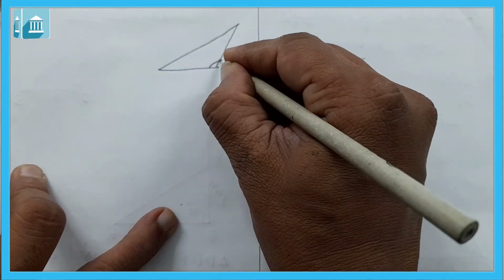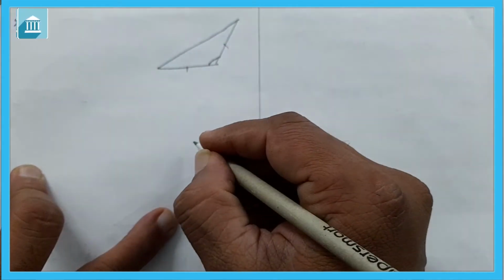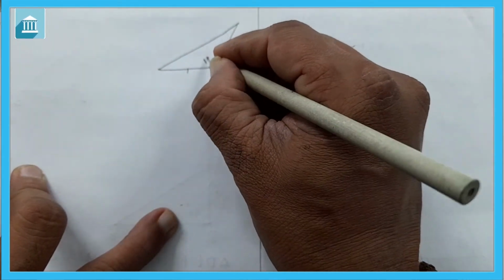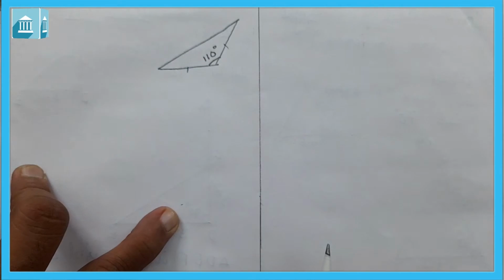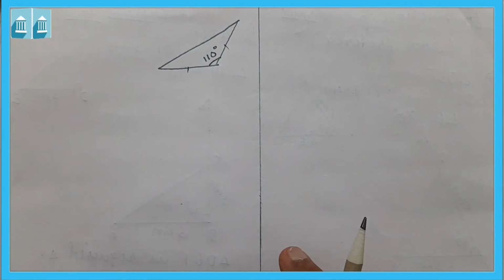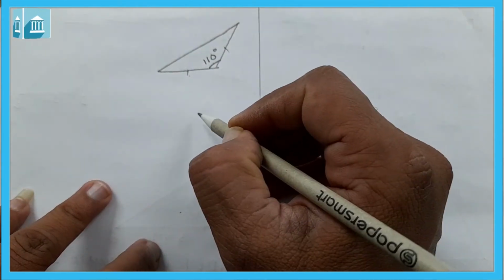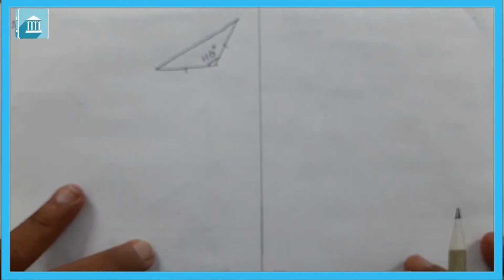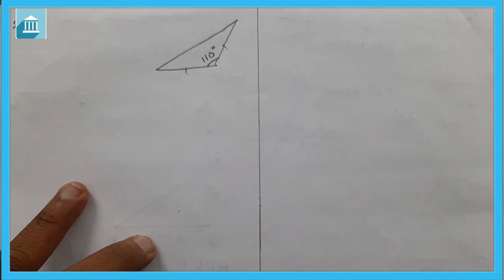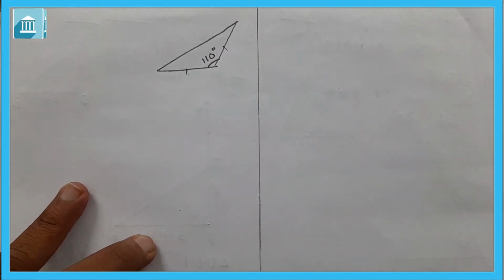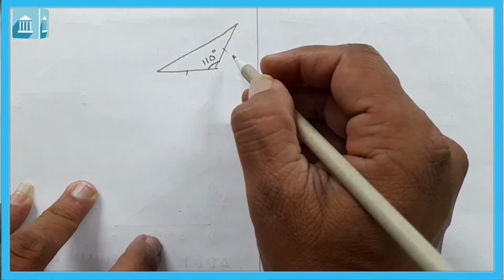This is the triangle here, meaning this side and this side are equal, and this is our 110 degree. This is an isosceles triangle, meaning two sides are equal. So here we can say that these sides are equal, and the angle between them is 110 degree.